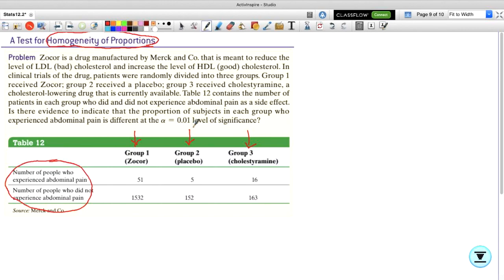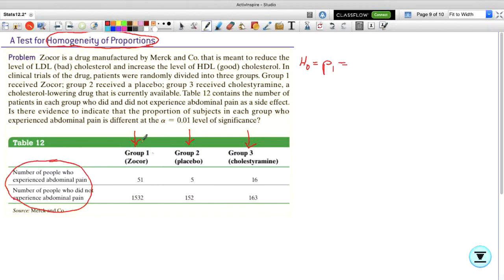So you notice it's a two-way table. You notice that it's different populations. So you say to yourself, I'm checking to see if these population proportions are the same. Homogeneity of proportions. That's what I'm going to do. Okay. Just like with our other problems, their null and alternative should be written first. And our null for always these types are going to be that each of our proportions are going to be identical.